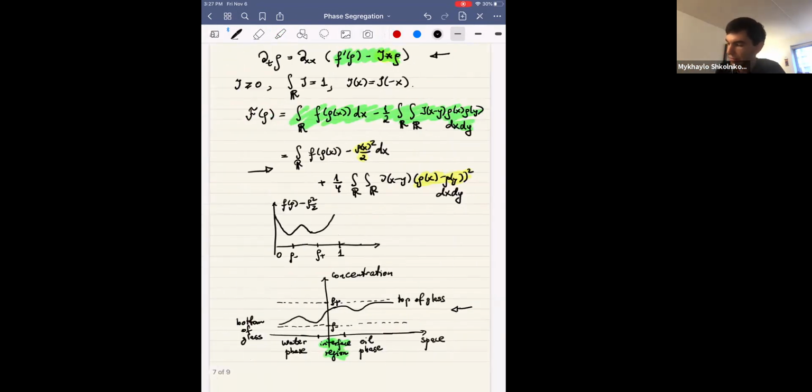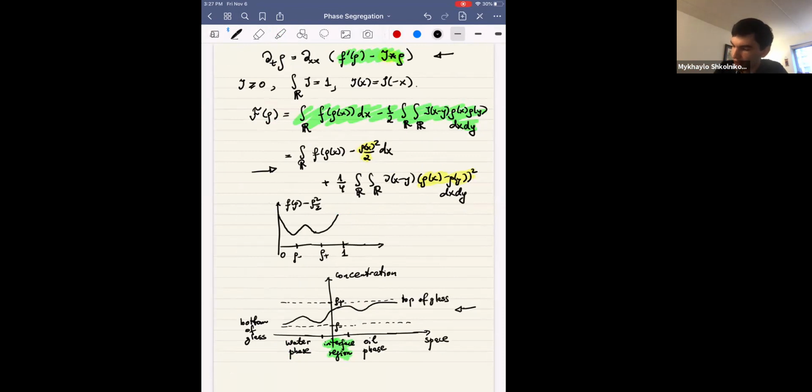So if I go back to my picture, G2 describes the deviation from the equilibrium concentration in the oil phase. And just the way the problem is set up, this deviation cannot reach the value rho plus minus rho minus, because otherwise I would be at rho minus or even below it. So I would actually be in the water phase and not in the oil phase.